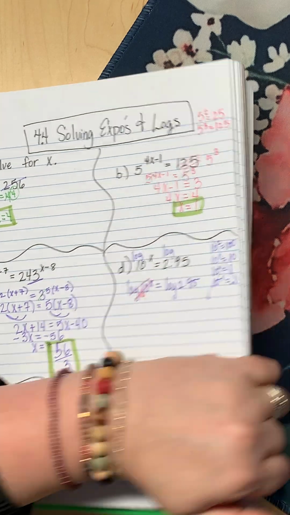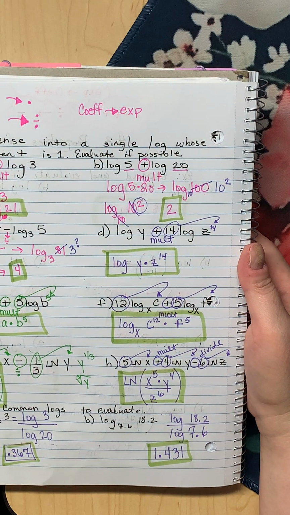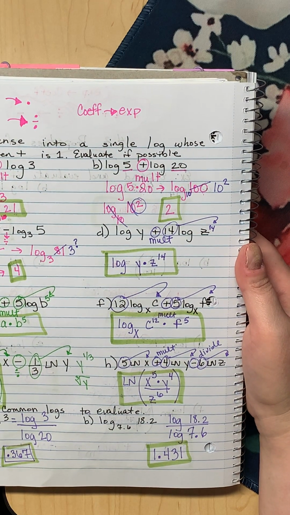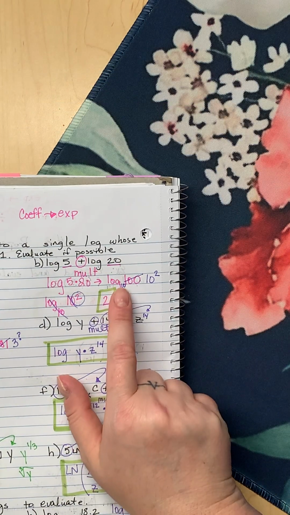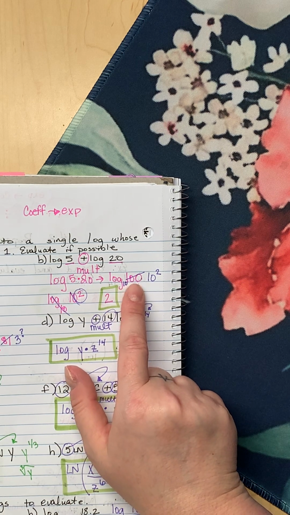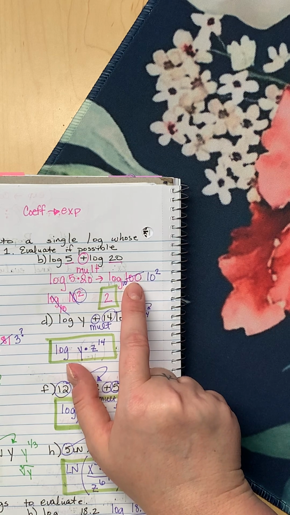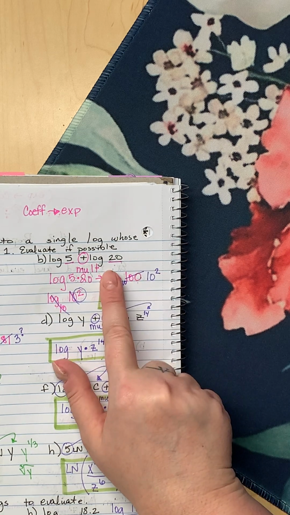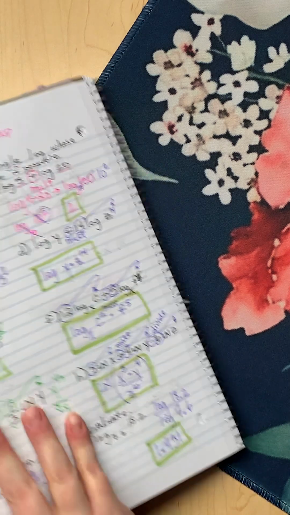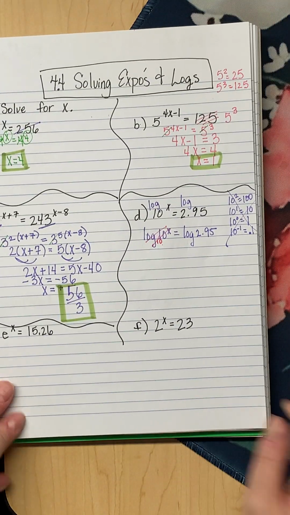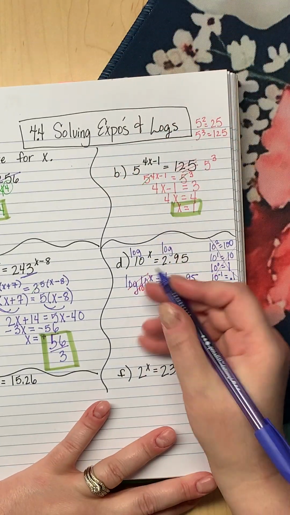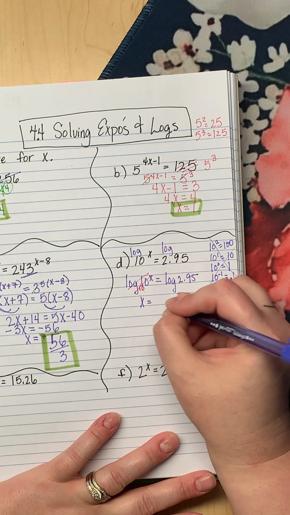Just like in the last section of notes, we had, let me see, oh, we had log of 100. So we put in a subscript of 10. We rewrote 100 as 10 squared, and that canceled to just a 2. So same thing here.